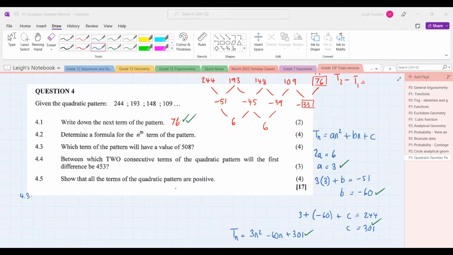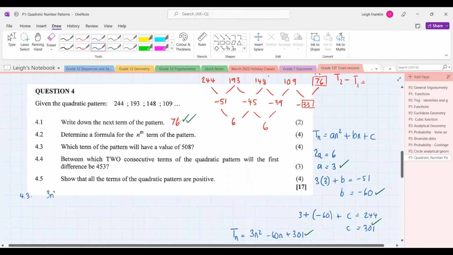Okay, Diana, quite right. Exactly, Nick, we're going to sub. So we're going to take 3n squared minus 60n plus 301, and we're going to make it equal to 508.